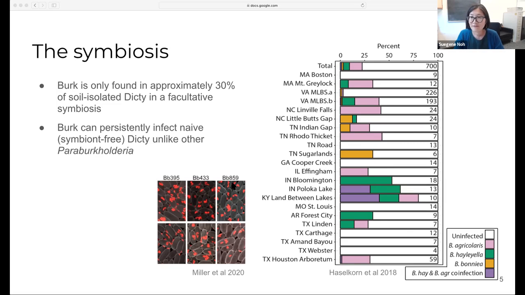We can then infect Dicty that are naive, or originally found without any symbionts, by placing them in the same petri dish, essentially. This makes it really convenient to do experiments like the ones I'll talk about today, mixing and matching hosts and symbionts to better understand the circumstances that led to the co-occurrence patterns, for example, and any variation in genomes that we've been seeing.